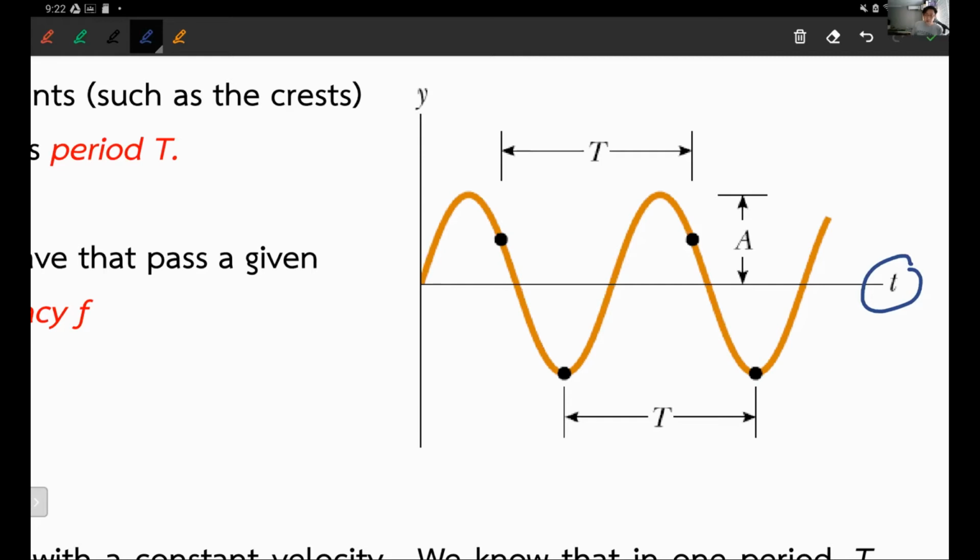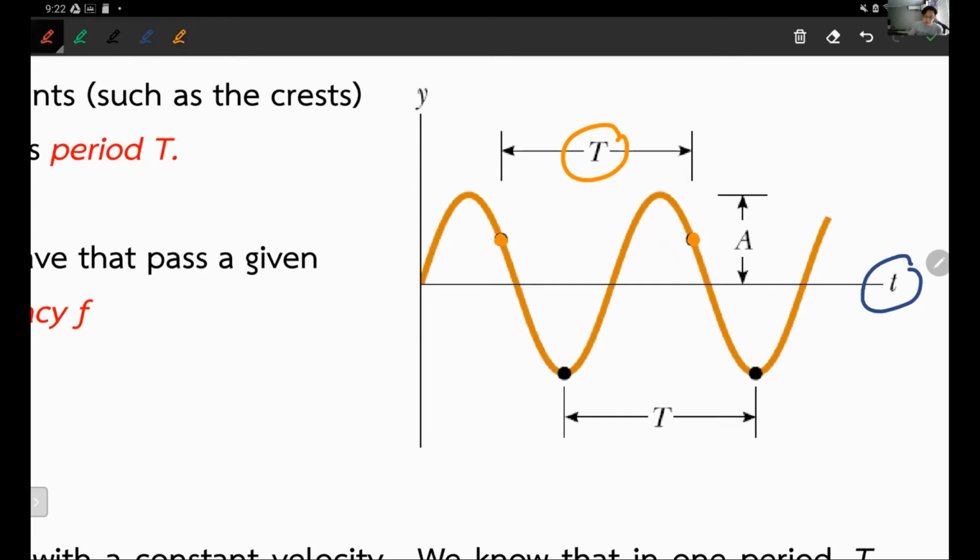So once the horizontal axis is time, if you try to measure the same position on the curve that is adjacent to each other, the two adjacent that look alike on the curve, well, I don't want to call it distance anymore. You get an interval of time that completes one cycle, right?